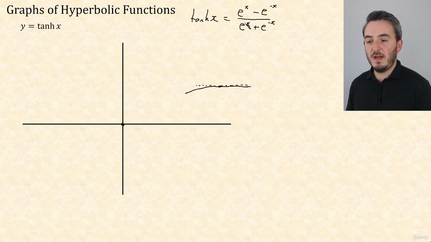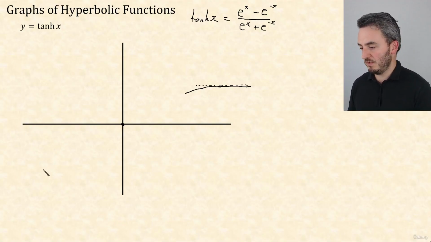And similarly, when x approaches minus infinity, the e to the x's just disappear to 0, leaving us with minus e to the minus x over e to the minus x, which is minus 1. So we've got another horizontal asymptote of minus 1 here. And so on the left-hand side, it's looking like that.